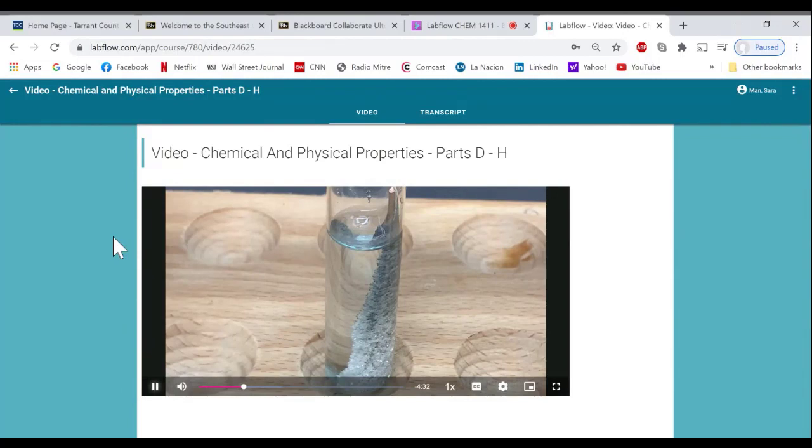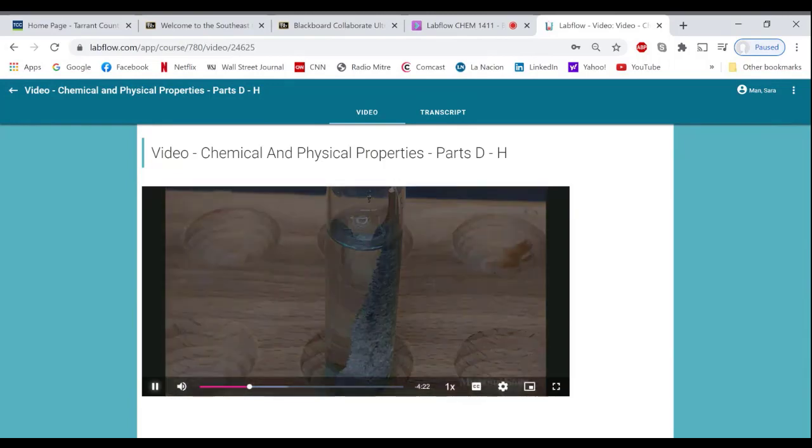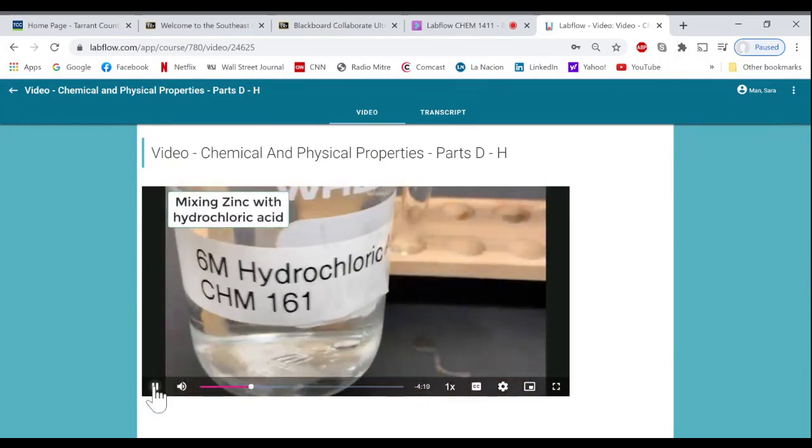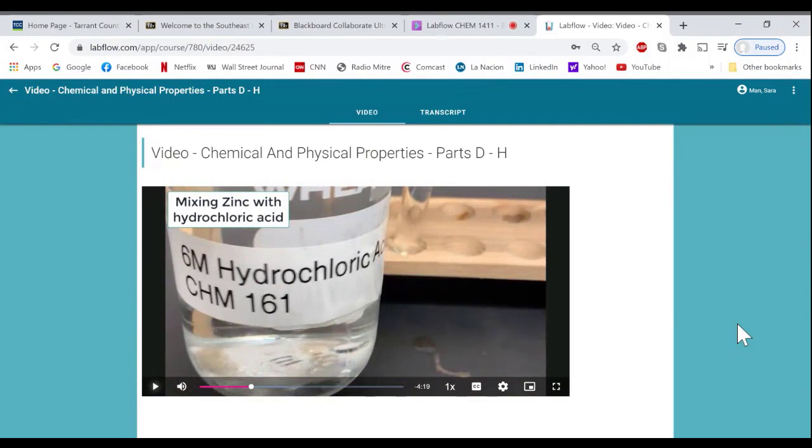And the solution? Let's look at what happened. At the beginning, it looked like the solution was not changing color. But now it looks like it's getting a little bluish.